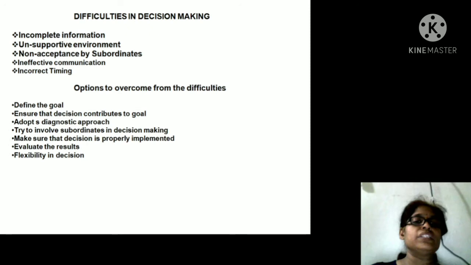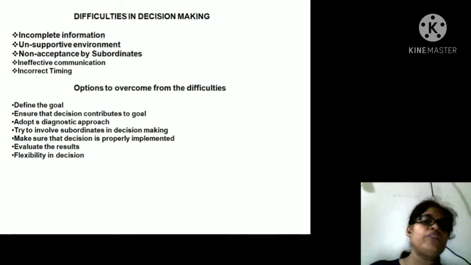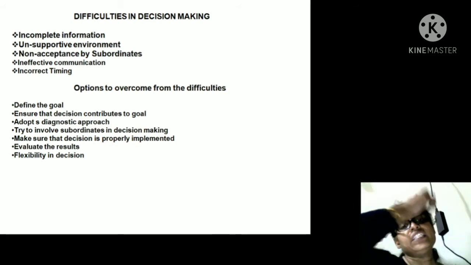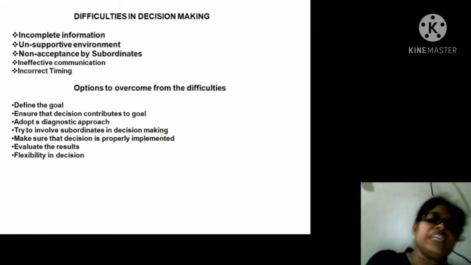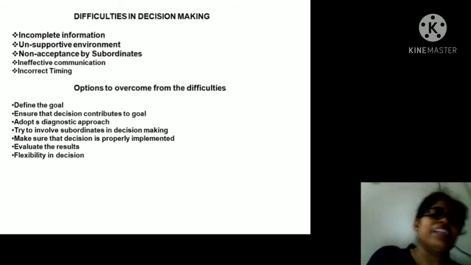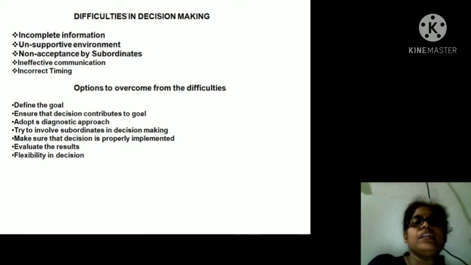Ineffective communication. That may be from both ends, from the manager and from the subordinates or employees. If there is improper communication, if the message or information is not sent in a proper, correct way, then it is known as ineffective communication, and that is a difficulty in decision making.